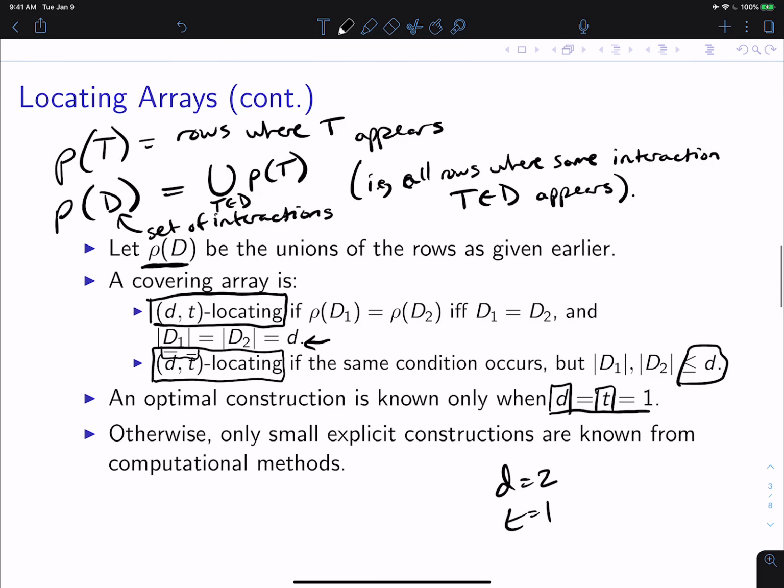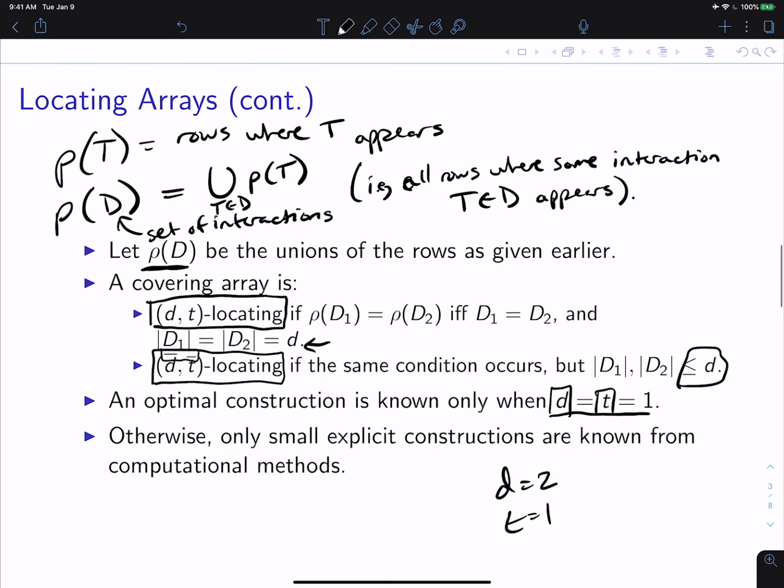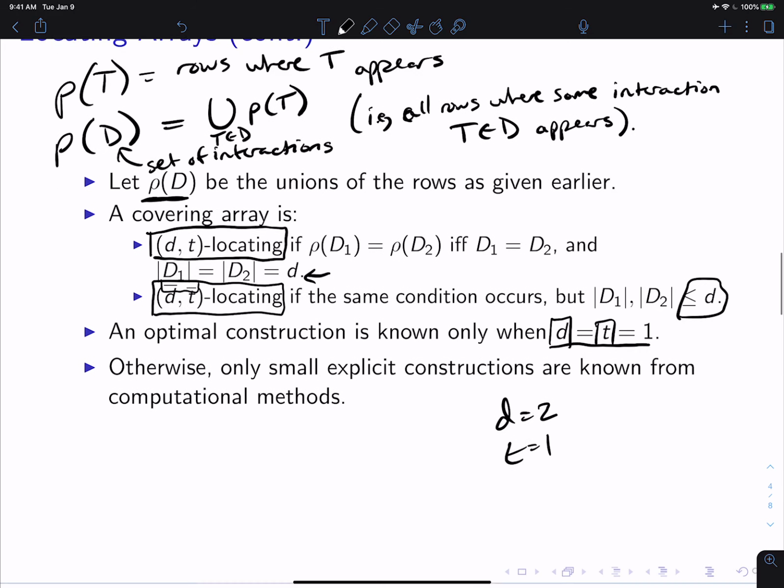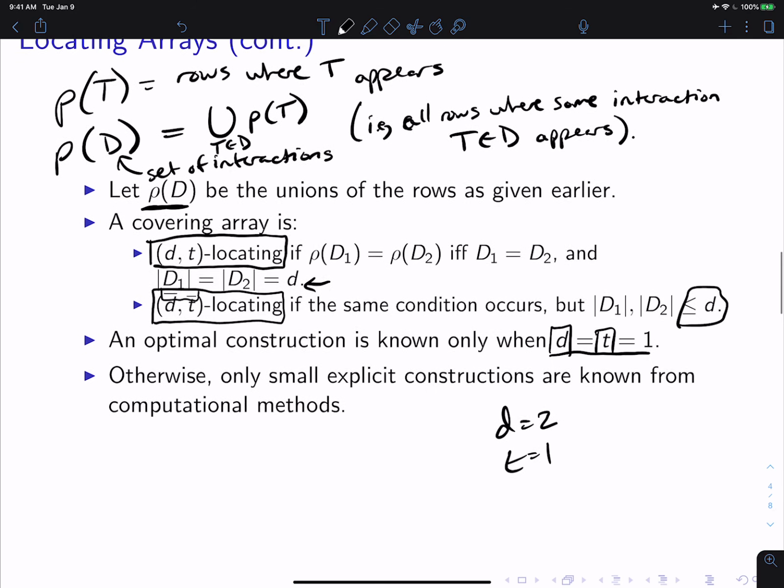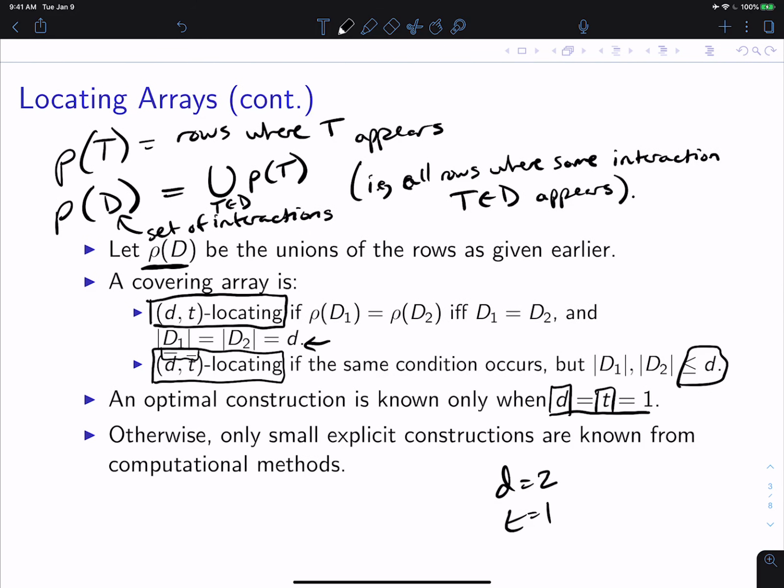I invite you to determine how intensive that is, but suffice it to say, it's really intensive. In fact, a paper was recently published about an improvement to the algorithm for checking whether something is a locating array. So it's very difficult.